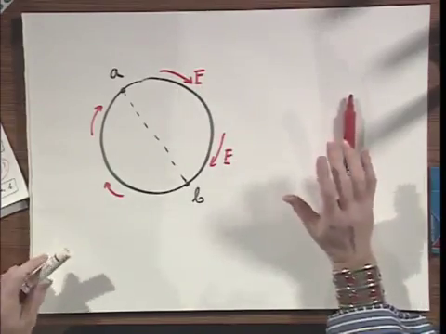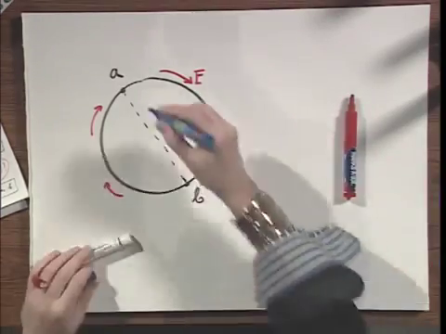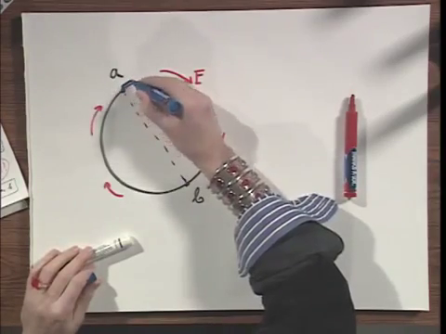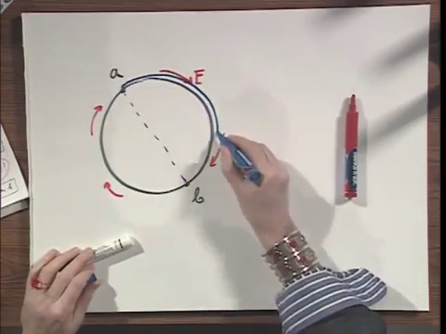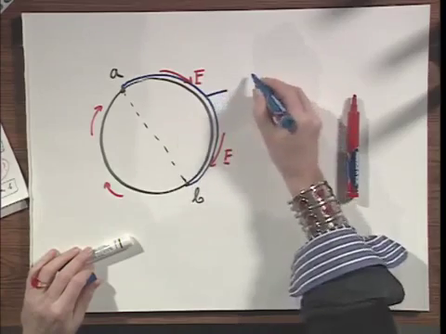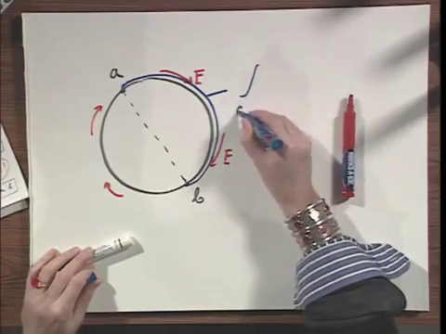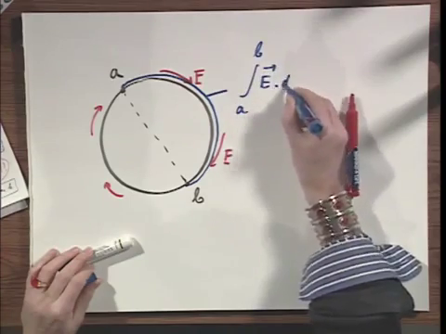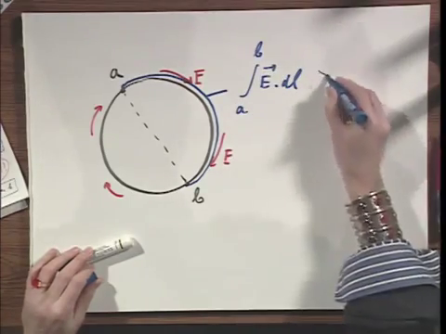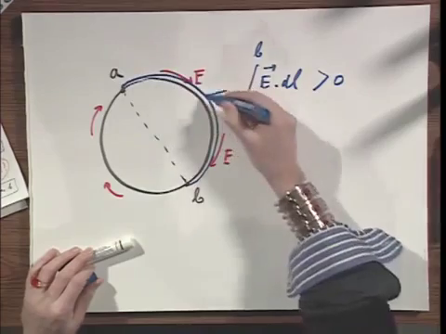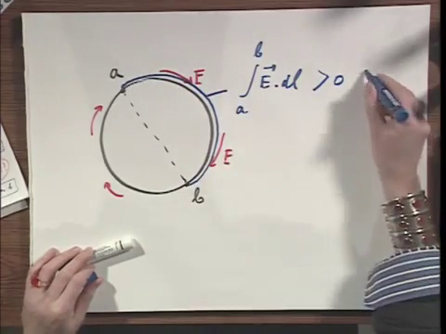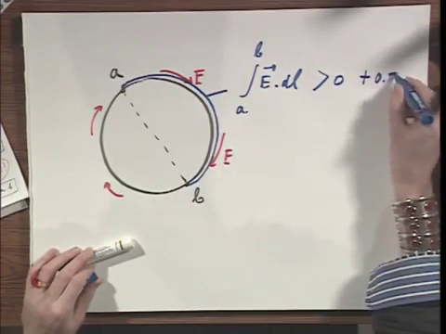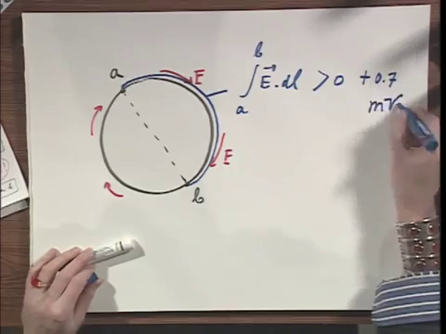But now comes the non-intuitive part. If I march from A to B along this line, then the integral in going from A to B of E dot dl is positive. You can see E and dl are in the same direction, and it happens to be, if I did not make a mistake, plus 0.7 millivolts.